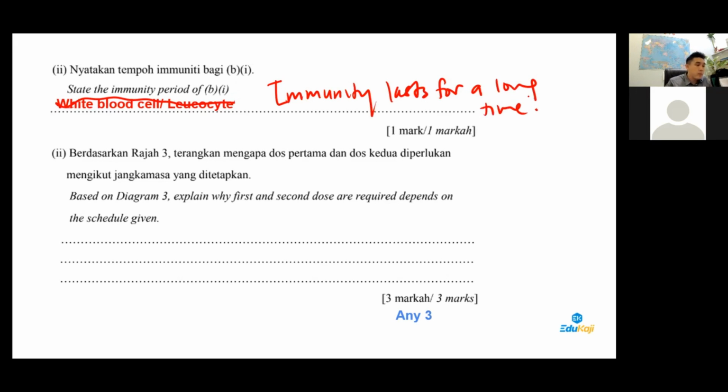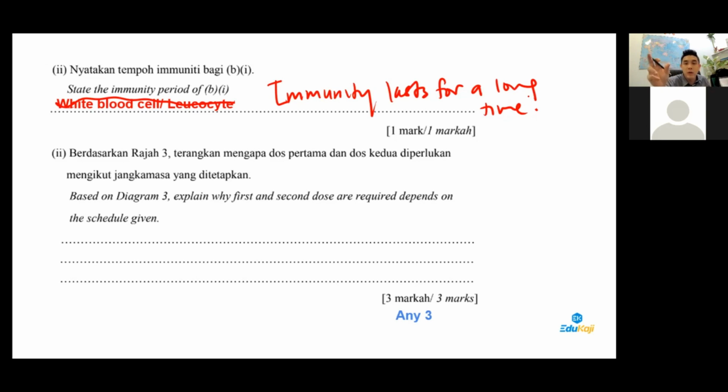Based on diagram 3, why do the first and second dose rely on the schedule given? If you look at Pfizer, 2 doses, the gap is 21 days. I bet most of you got this jab for students. Then AstraZeneca, 2 jabs, 28 days.